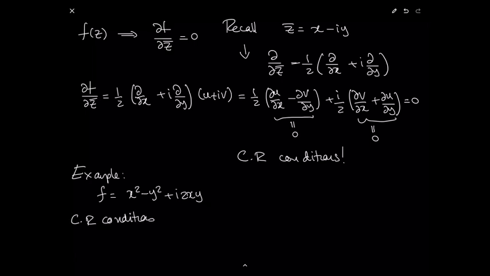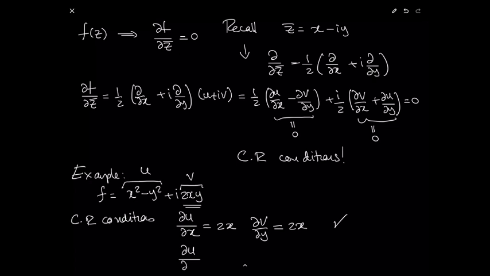So if we do du dx, remember, this is u, this is v, du dx is 2x, dv dy equals the derivative of this with regards to y, which gives me 2x. They're equal. Now let's do du dy. What is that equal to? Well, I have to take the derivative of that with regards to y. I get minus 2y.